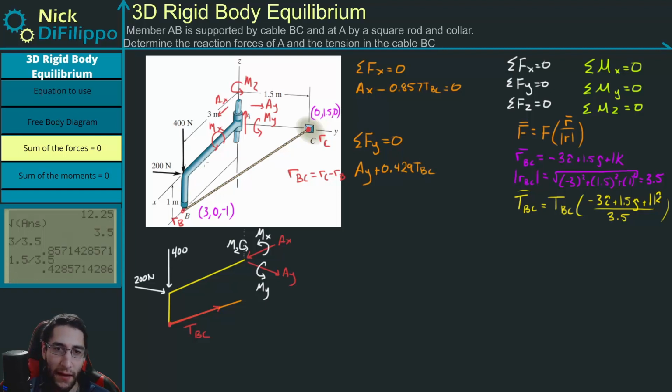And then I have one of these forces, so plus 200 is equal to 0. Okay? Still don't know what TBC is, so keep going.